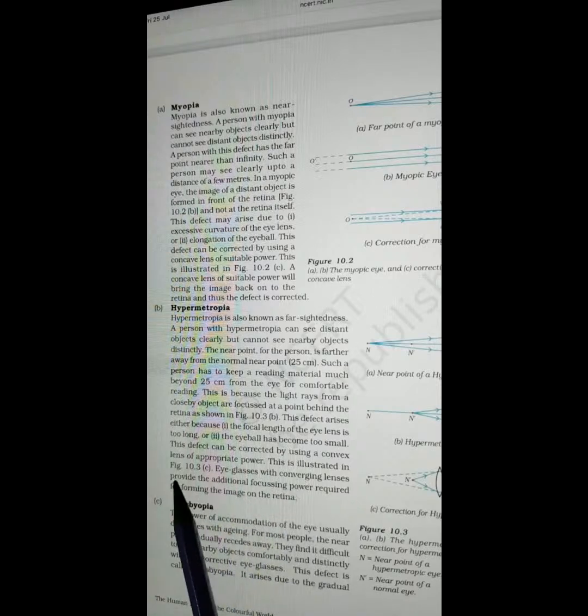This is illustrated in figure 10.3c. Eyeglasses with converging lenses provide the additional focusing power required for forming the image on the retina. Presbyopia. The power of accommodation of the eye usually decreases with aging. For most people, the near point gradually recedes away.